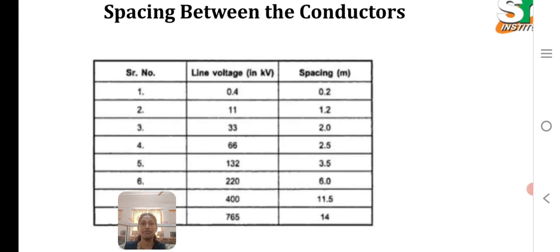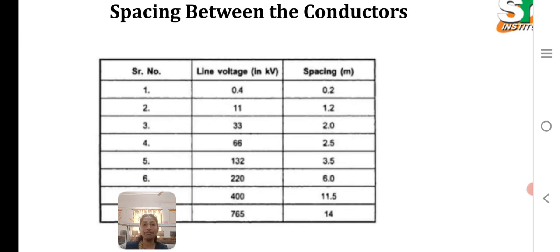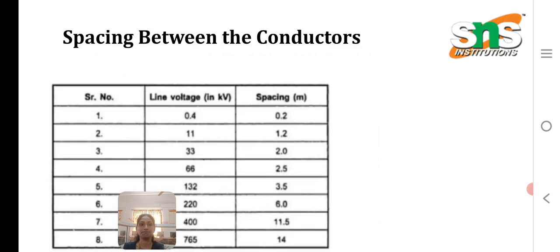For a line voltage of 0.4 kilovolt, the spacing should be 0.2 meters. Similarly, if it is 765 kilovolt, the spacing should be 14 meters. If we have a three-phase line, the spacing between each conductor should be in this range of the table.